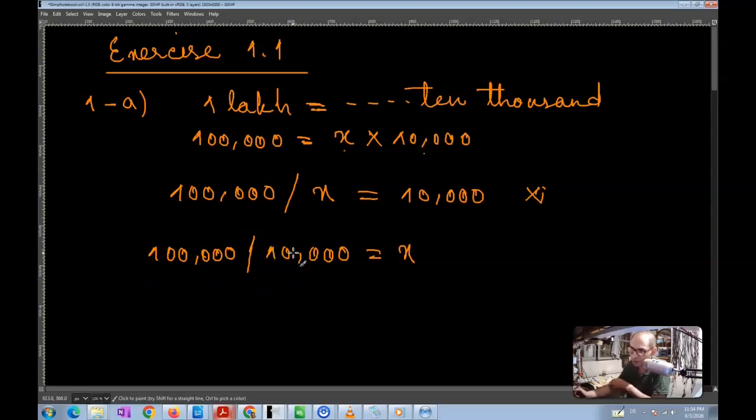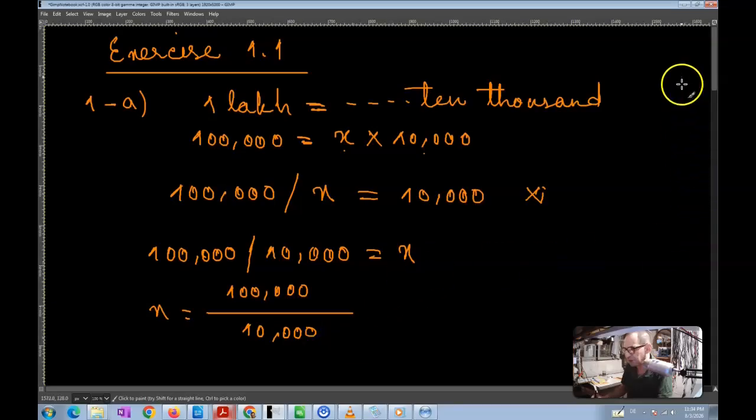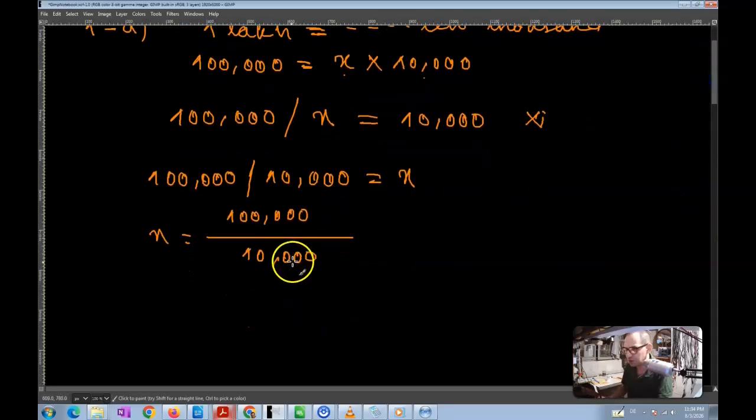Now again, in the previous videos we talked about multiplying and dividing by different factors of 10, and whenever you have a calculation like this, for example, x is equal to 100,000 divided by 10,000, you can always look at the number.